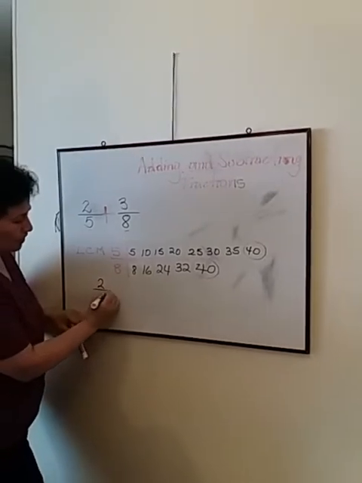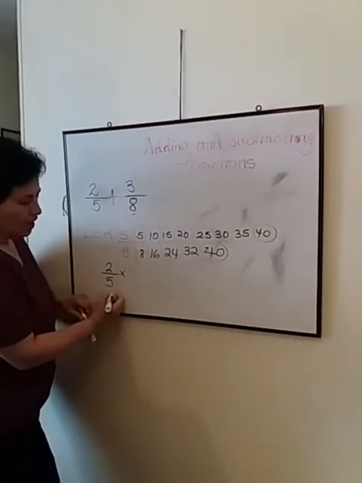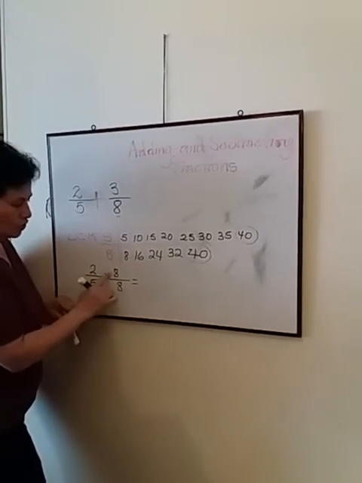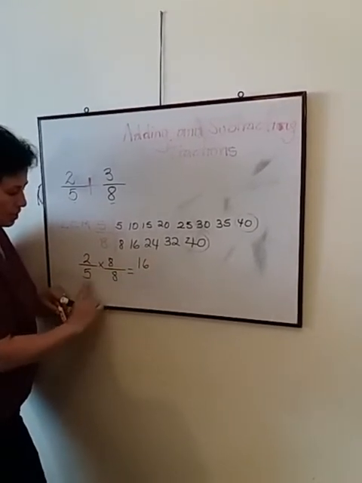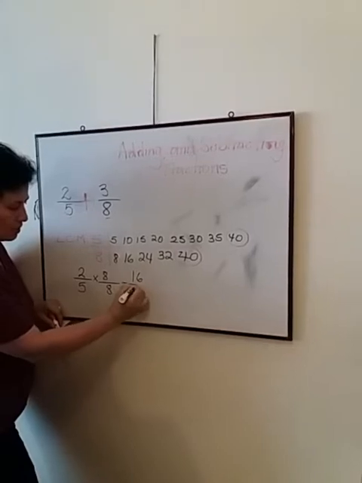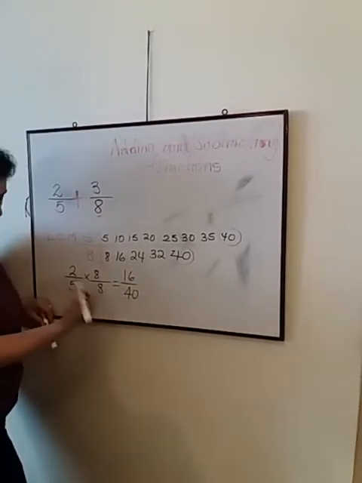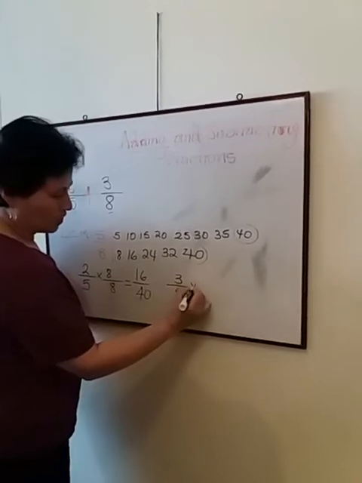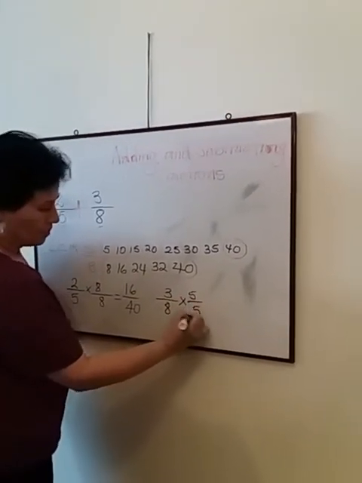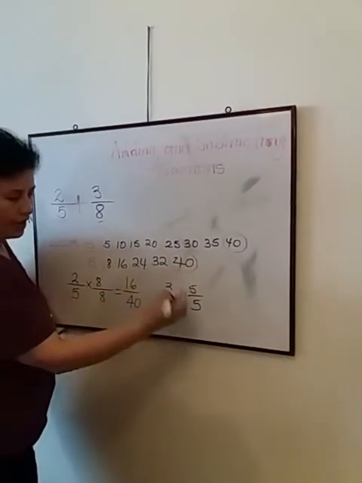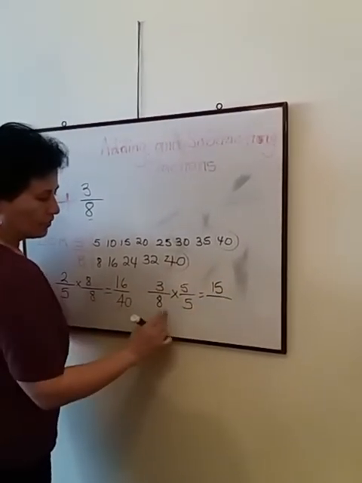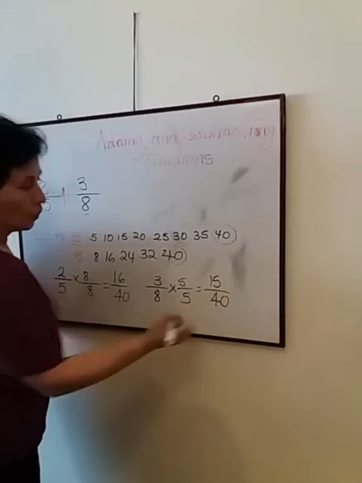So 2/5 times 8. 2 times 8, 16. 5 times 8, 40. And now 3/8 times 5: 3 times 5, 15. 5 times 8, 40.